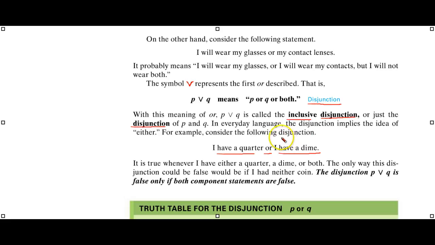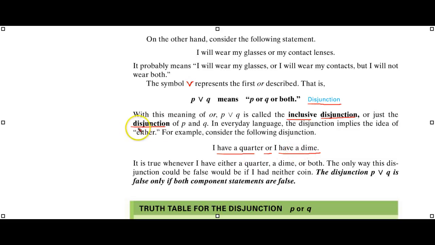Now what does that mean? That you would have perhaps a quarter or perhaps a dime, but not both, although it could mean both. But the only way this could be false is if you didn't have either of them.